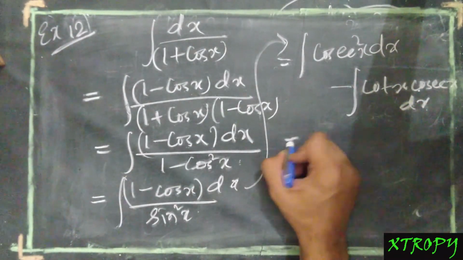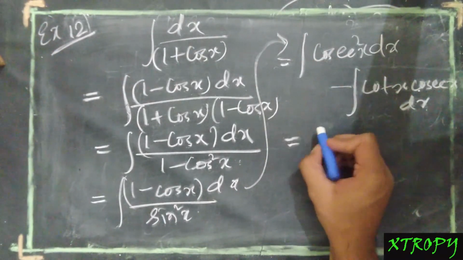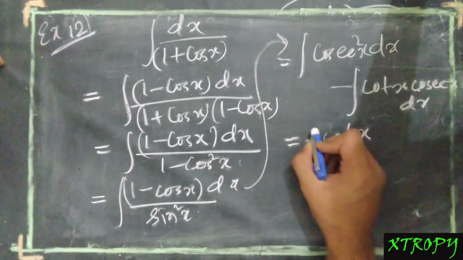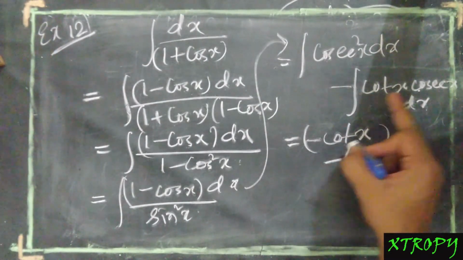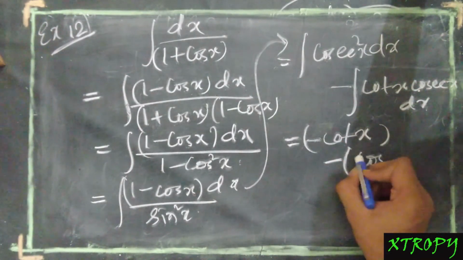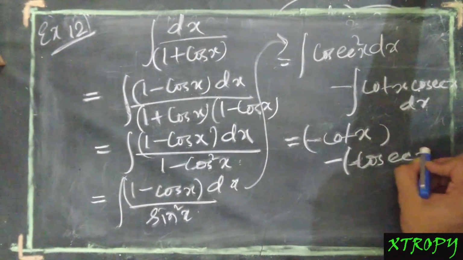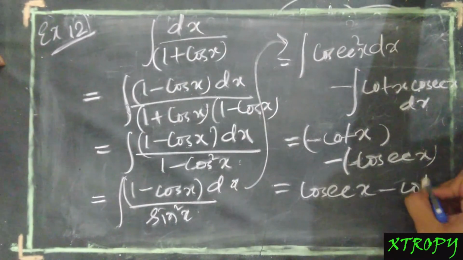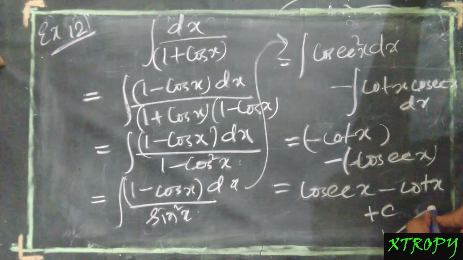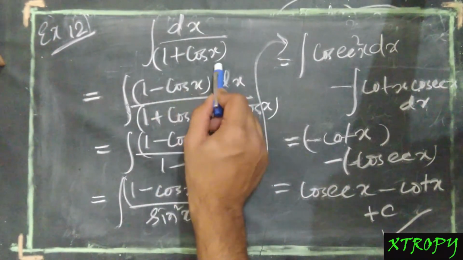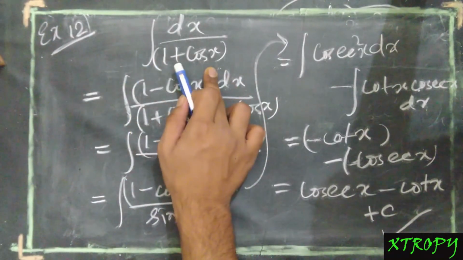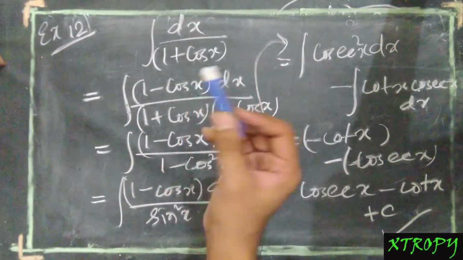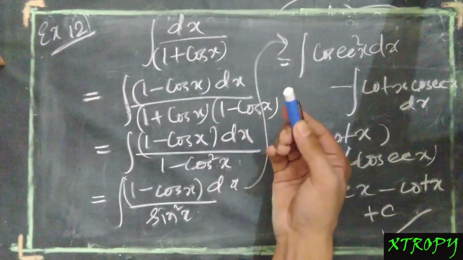So the integral of cosec square x is minus cot x, and minus of this will become minus of minus cosec x. So the final answer is cosec x minus cot x plus c. We also saw that in this type of sums, if this was, suppose, 1 plus sin x or 1 minus sin x, we will multiply by the conjugate term and rewrite the question into a different, more solvable form.